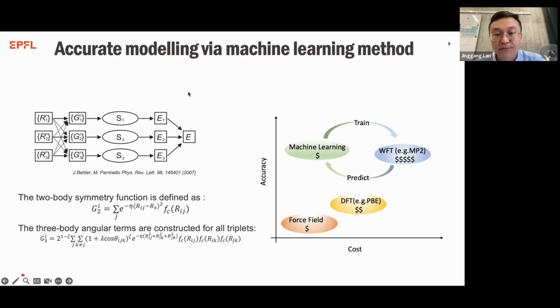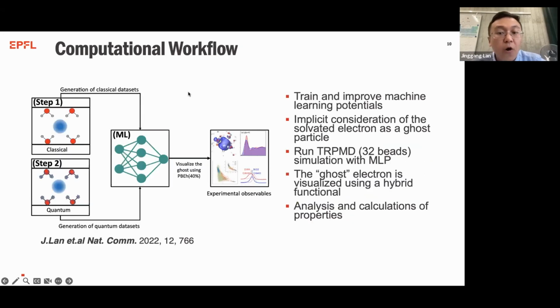at a much reduced cost. The overall workflow is, first, we recycle the dataset from previous MP2-based molecular dynamics and train the first version of a machine learning potential. And using the first version of the machine learning potential, we can run classical and quantum nuclei molecular dynamics.